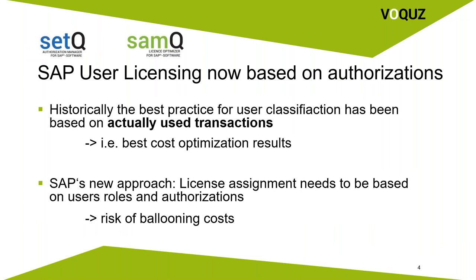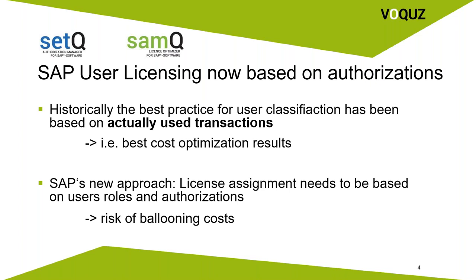So why, when we are famous for samQ license optimizer for SAP, did we decide to go for user management? Where is the connection, and why did we make that step? For the last 20 years, the common audit standard in SAP was that when SAP came for an unfriendly audit, they checked users based on what they did, and decided whether their customers had assigned the right license key to them.